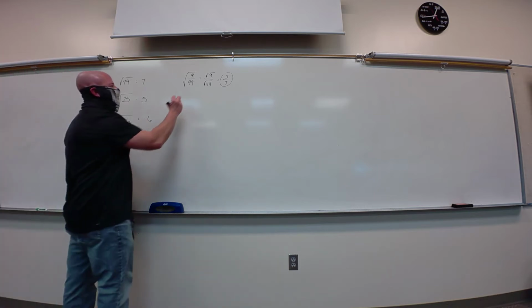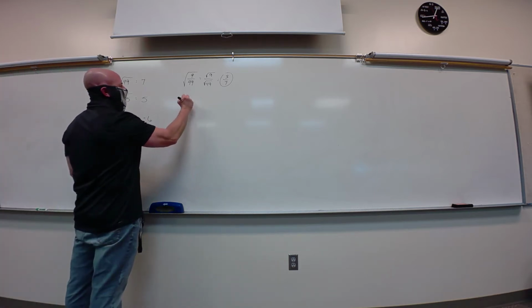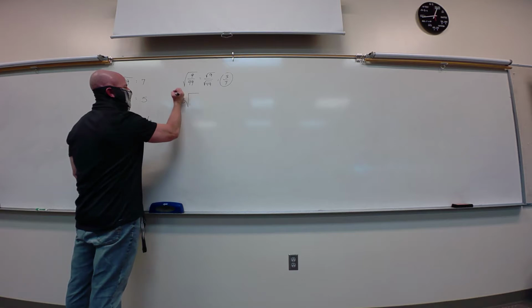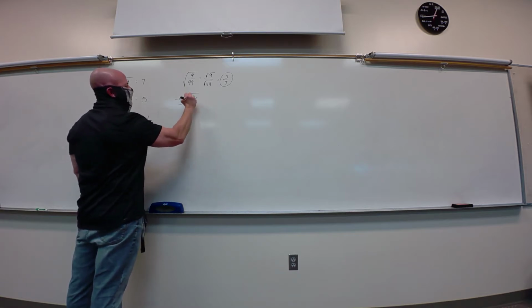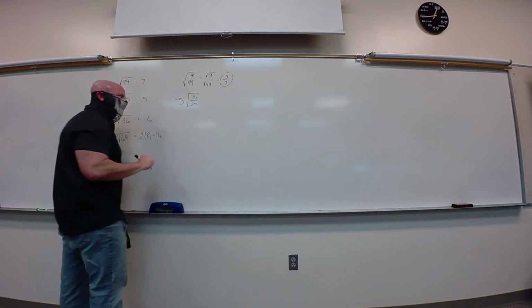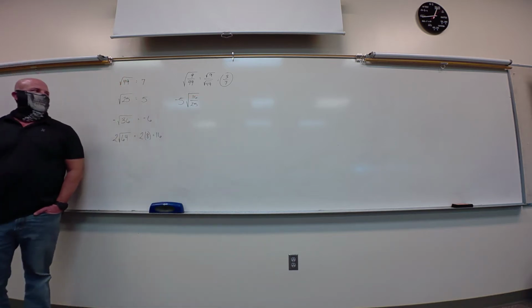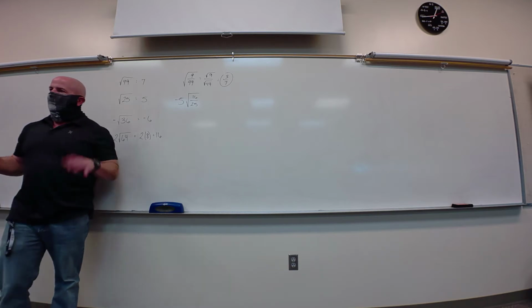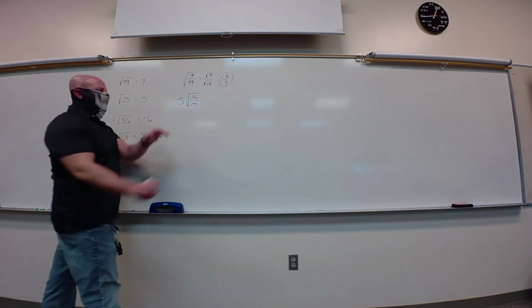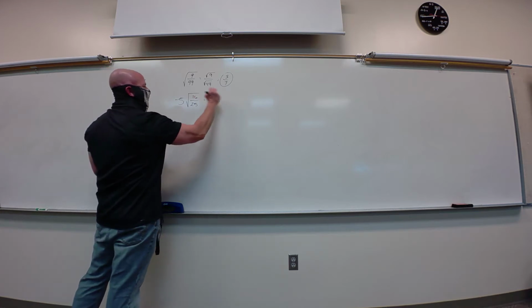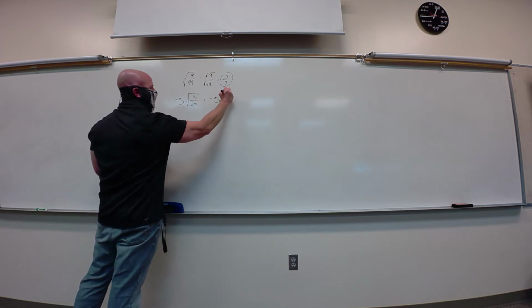If I threw, say, a negative 5 out in front, so let's go negative 5 square root of 16 over 25. That's negative 5 times, so my focus is still this radical. If I pretend that's not there, I'm going to square root the 16, and that's 4.